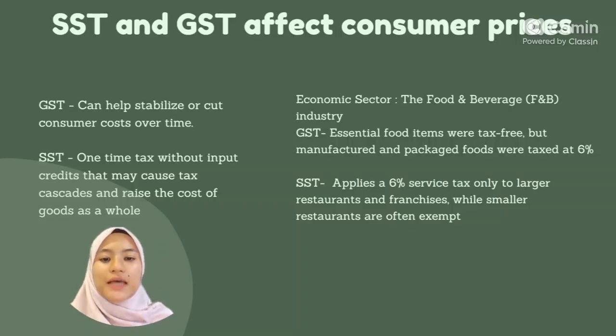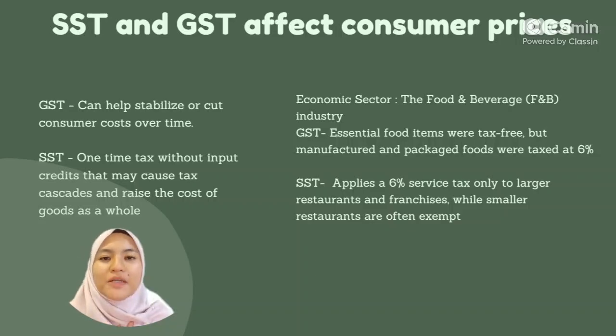So dining at local eateries is usually cheaper. Only large restaurants or franchises are taxed. Overall, SST tends to reduce the tax burden for consumers, especially in the food and beverage sector, compared to GST. That's all for me. Now I pass to Hana Humaira.